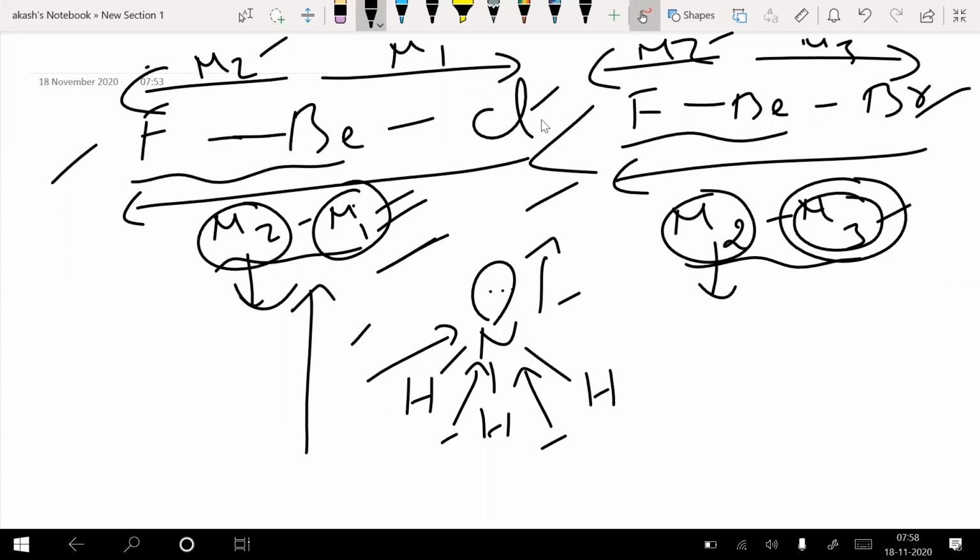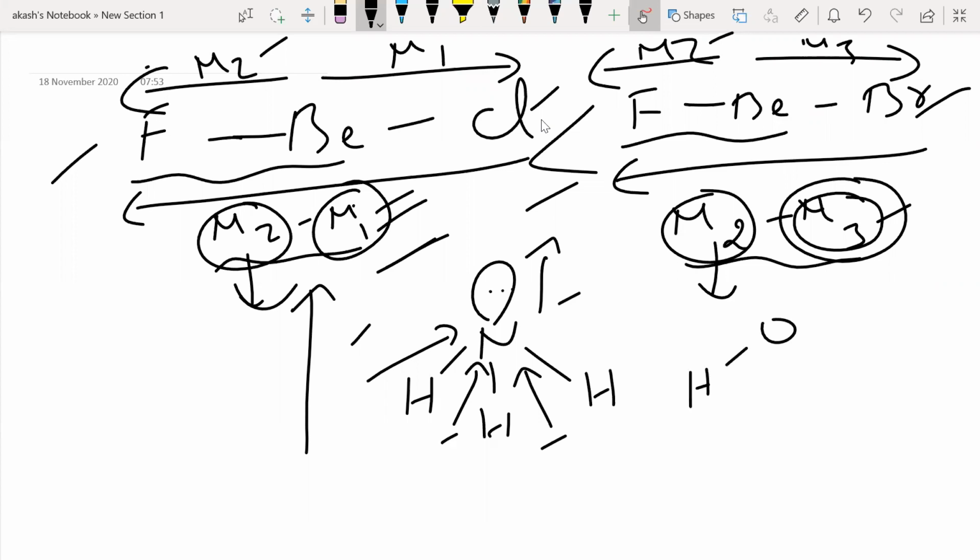So that's about ammonia. H2O we can also see. If you look, there are two lone pairs. This one is like this, and another is like this.